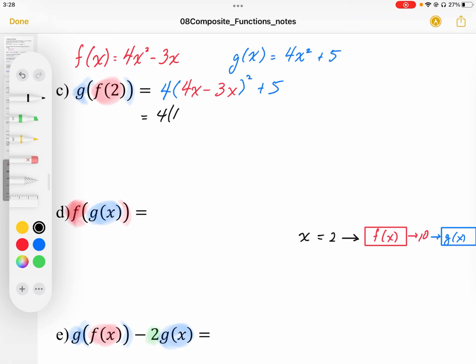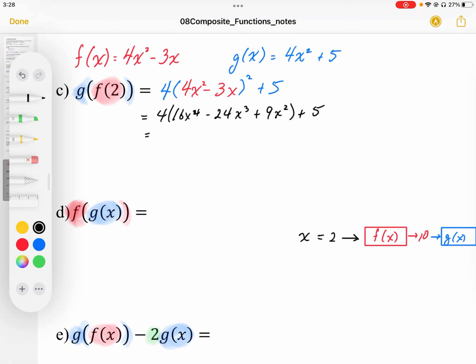So I end up with 16x squared. Sorry, this is x to the power 4. 16x to the power 4, and then it's going to be 4x squared times negative 3x, and do that twice. I get negative 24x cubed, plus 9x squared, bracket, plus 5.